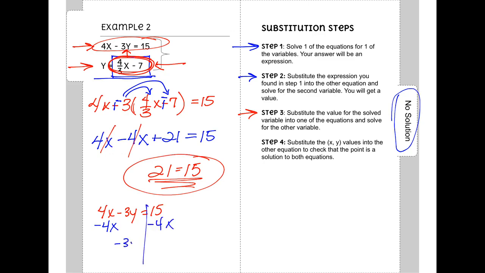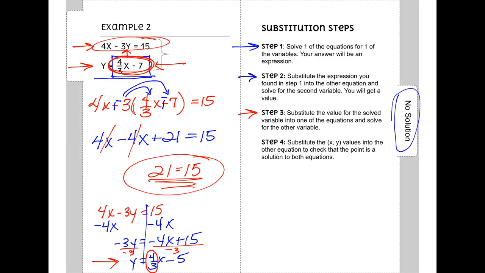That'll give me negative 3y equals negative 4x plus 15. And now I'll divide by negative 3, and that will give me y equals 4/3 x minus 5. So you can see that this is just an equivalent version of the first equation.